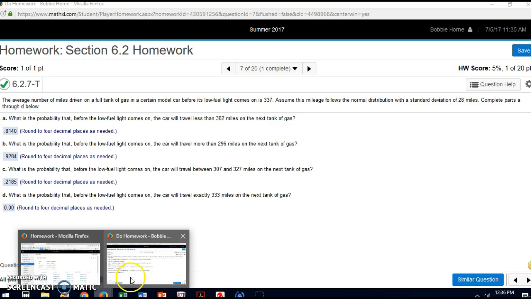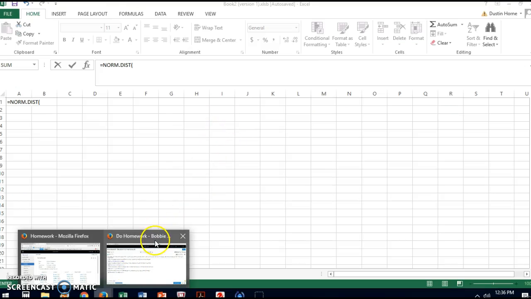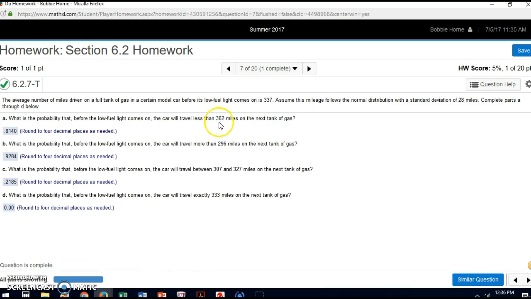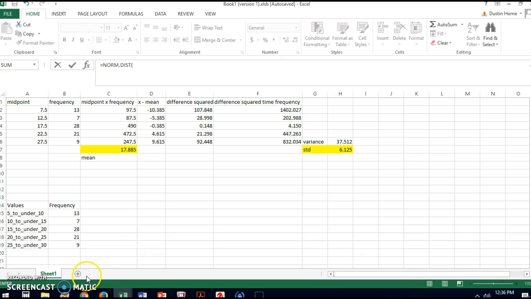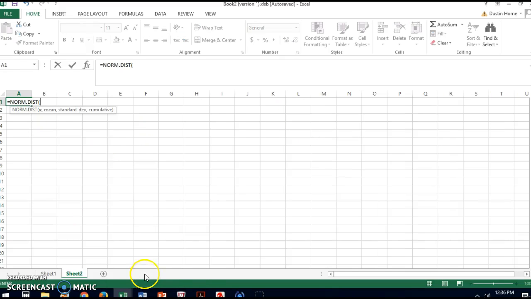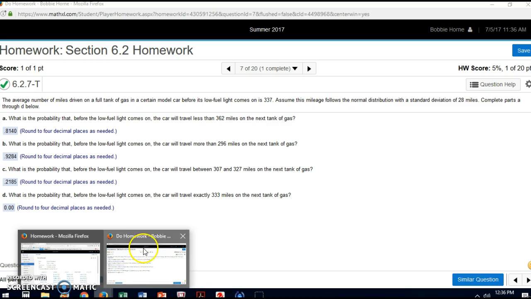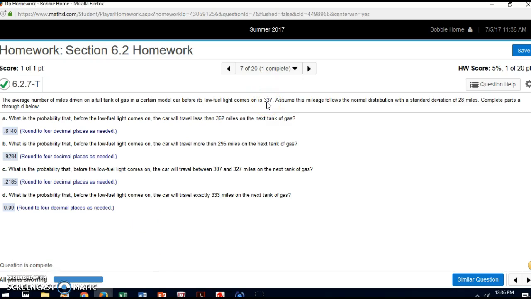So for our problem, x is 362, and then comma, the mean is 337. Remember, average, mean.